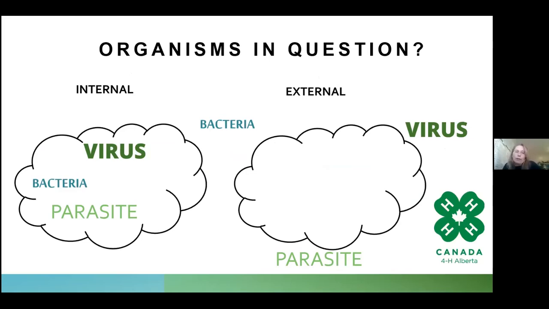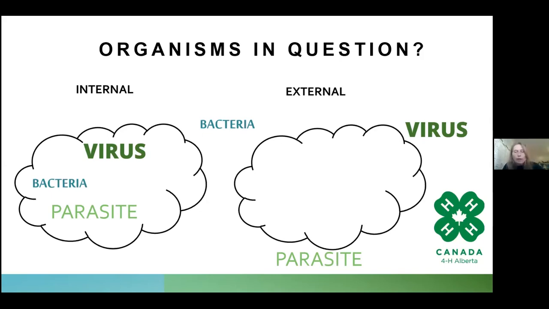So we'll decide, okay, when we have that group of bacteria and organisms, how do they infect the animal? Do they infect the outside of the animal, or do they infect the inside of the animal? If it's a bug that gets into the animal and affects tissue inside the animal, we're going to call it an internal bacteria, virus, or parasite.